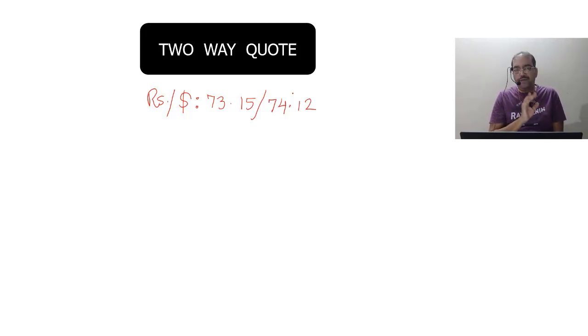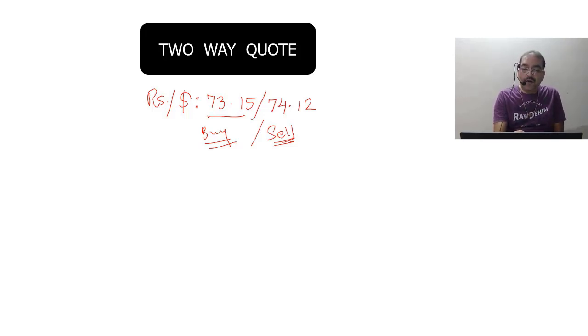The bank will give you two quotes. Why is the bank giving you two quotes? These two quotes are, one, the rate at which the bank is going to buy, and second, the rate at which the bank is going to sell. Buy and sell what? Not rupees. I told you before, we don't buy and sell our own currency. We buy and sell foreign currency.